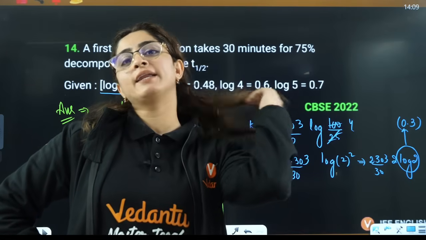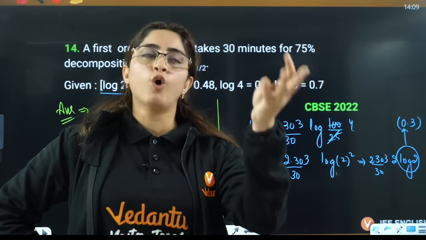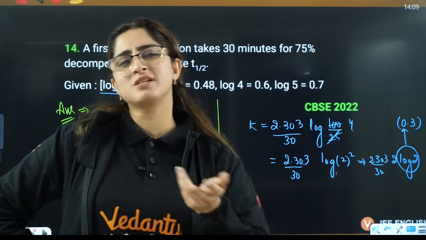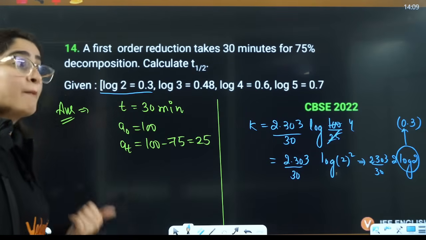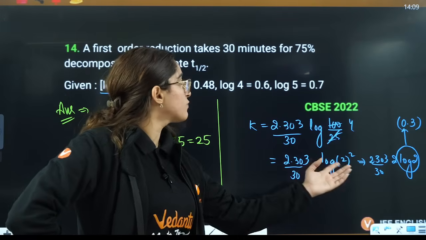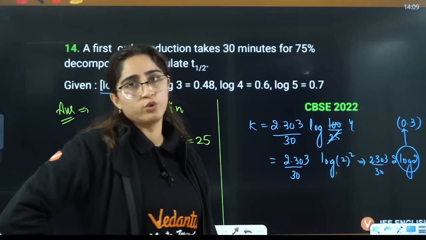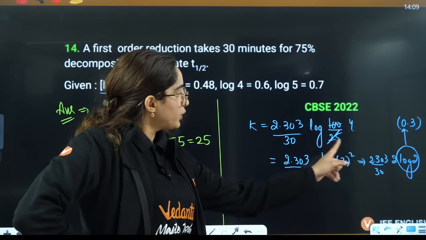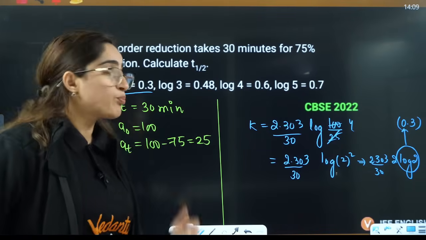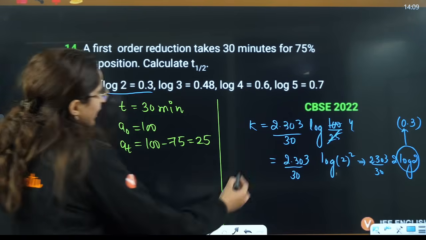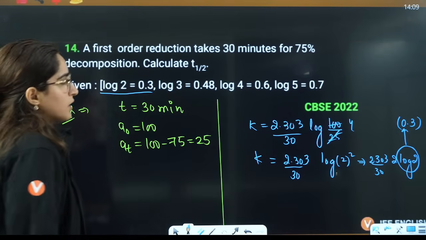In JEE and NEET, you have to learn log 2, log 3, all the values, but in board examination, they usually give the values. But still, you have to see for yourself how we came to log 2, because of this property, 2 in front. So, properties you must know. And I would advise you to learn the values as well.